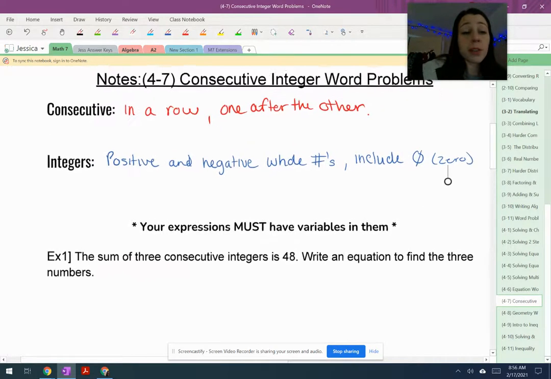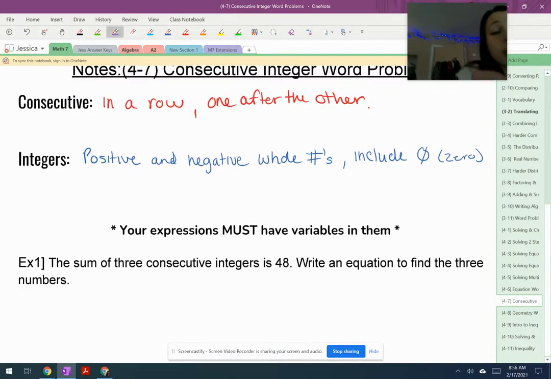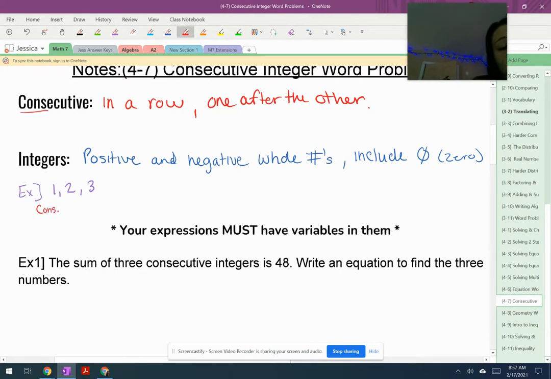So some examples of those consecutive integers. Consecutive being numbers in a row, one after the other, positive and negative whole numbers. An example of consecutive integers would be 1, 2, and 3. I'm going to abbreviate consecutive with CON.